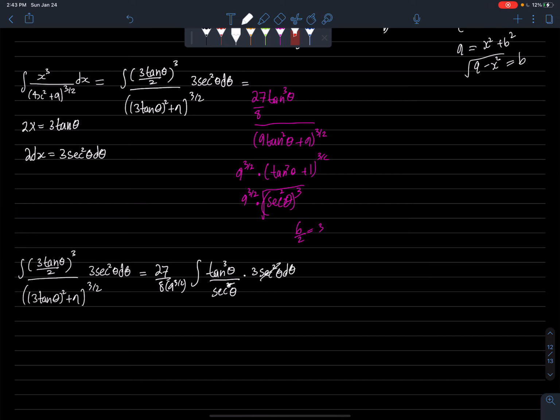So this cancels out. And did I forget to bring this 3 out? I think I did, so there's another 3 here. So we'll put that there as well. Let's rewrite this. 27 times 3 over 8 times 9 to the 3 over 2 times the integral of tan cubed theta over secant theta, right?